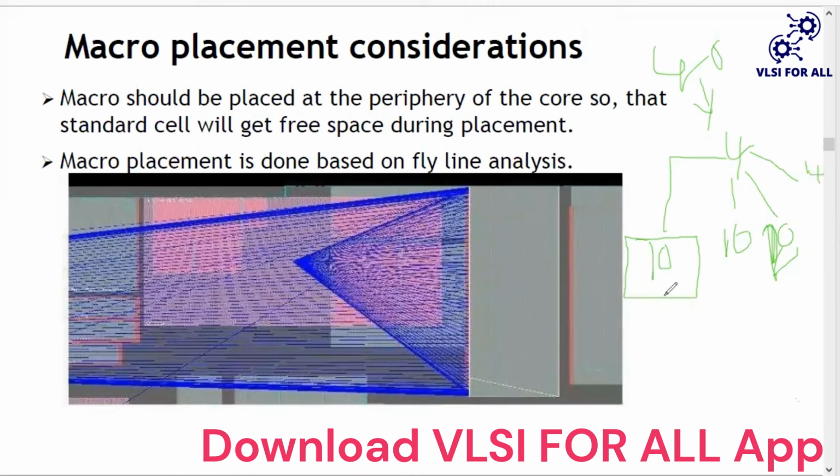Next one is the fly line analysis. Based on these 3 guidelines we can choose our design macro placement. This is the main target. If the overall chip macro placement is good, your block will be good.